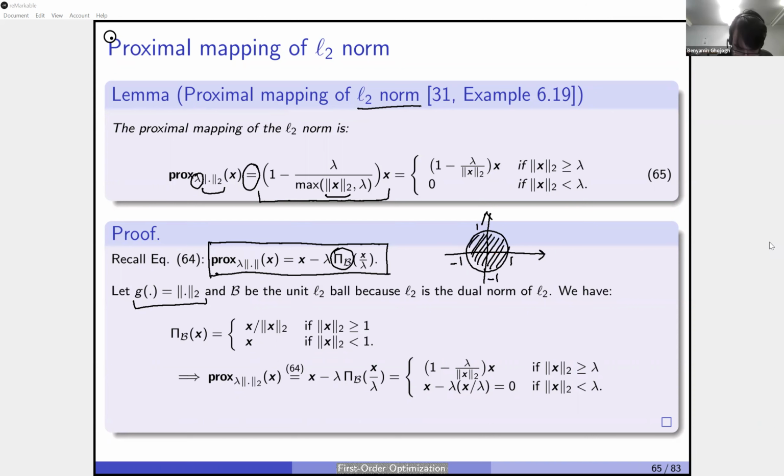When we have a point, for example this x, outside this circle, then you need to project it onto this unit ball.